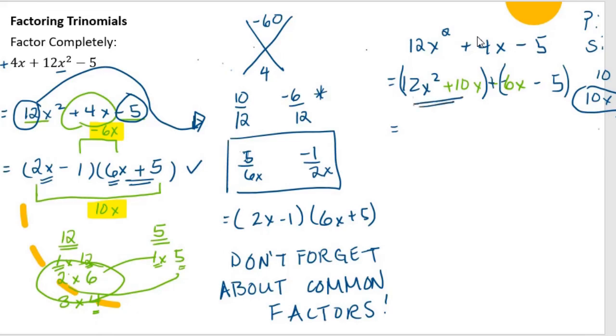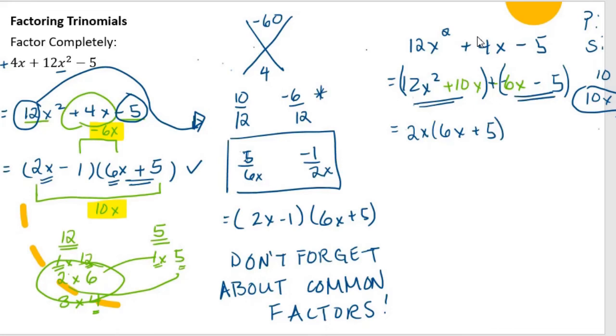Looking at this first one, the first set of brackets, we're going to remove a common factor. What's the common factor of 12x squared and 10x? Well, they're both divisible by 2 and by x. So I'm left with 6x plus 5. Looking at the second set of brackets, what do they have in common?